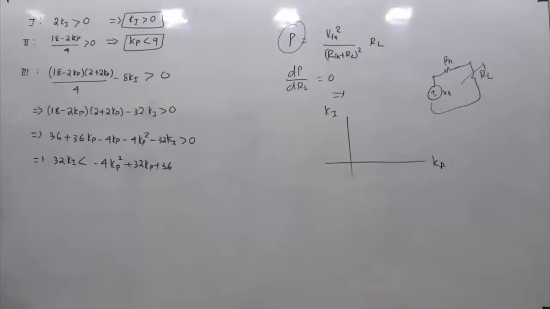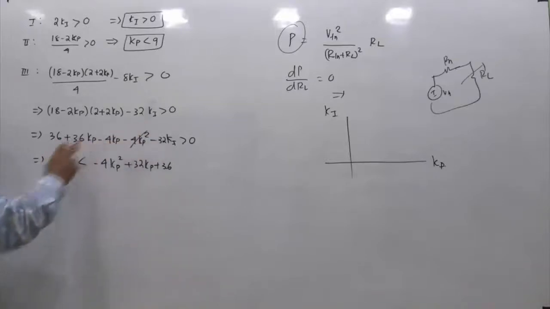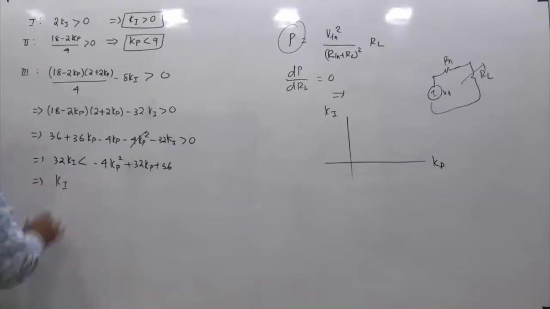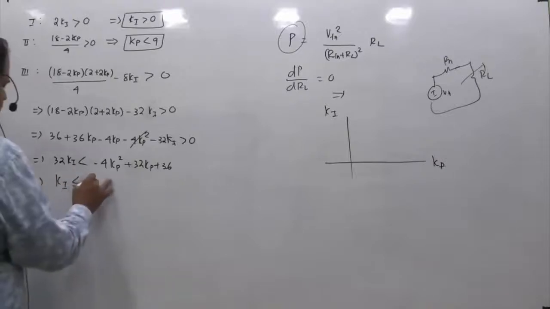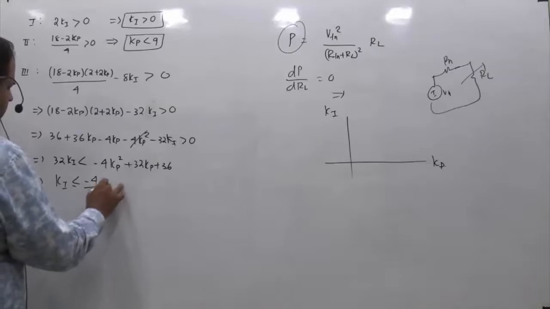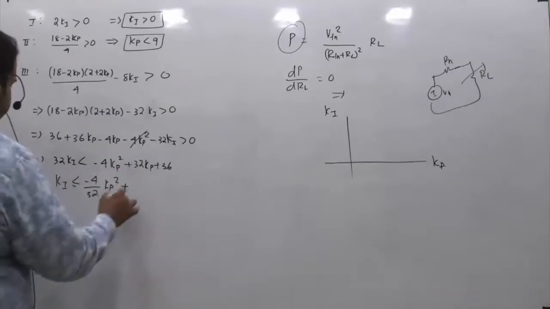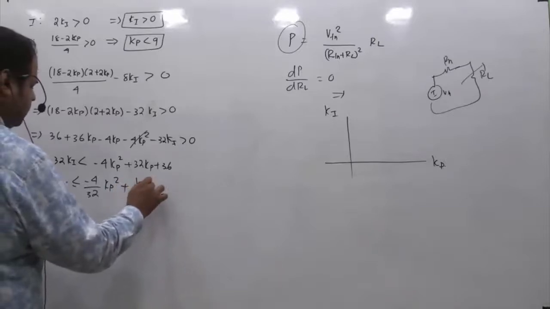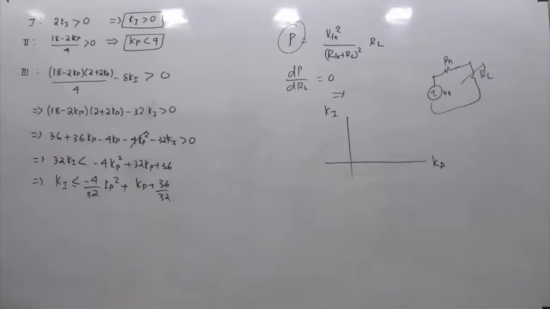So 32 Ki is less than minus 4 Kp square plus 32 Kp, and plus 36. Yes. So we are getting Ki less than minus 4 by 32 Kp square, and if we divide by 32, this happens to be only Kp, plus 36 by 32. This is what you are getting for Ki.